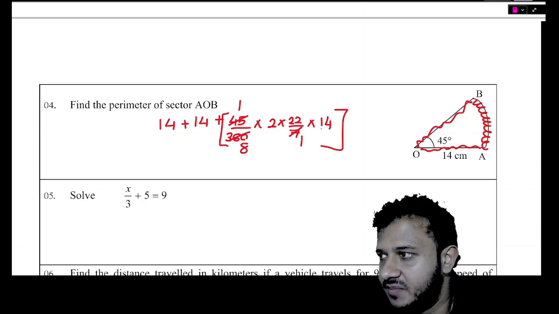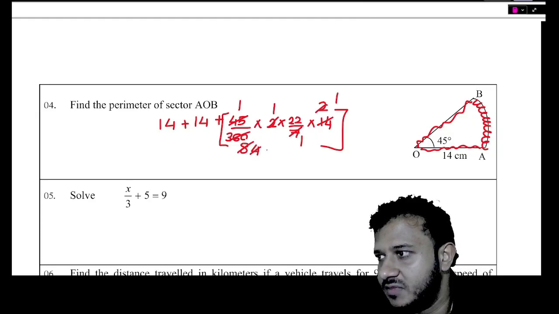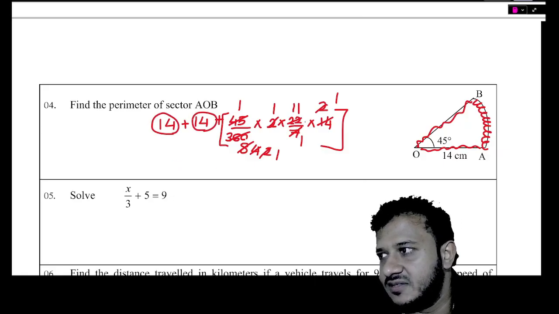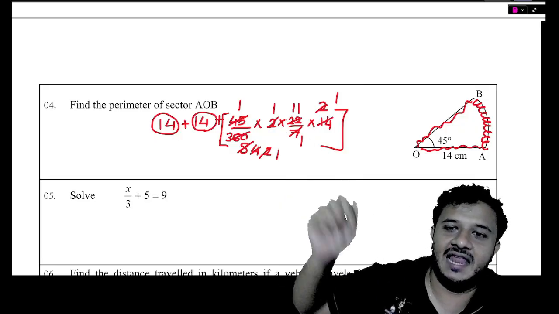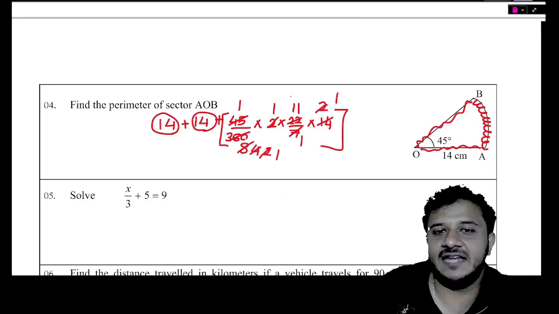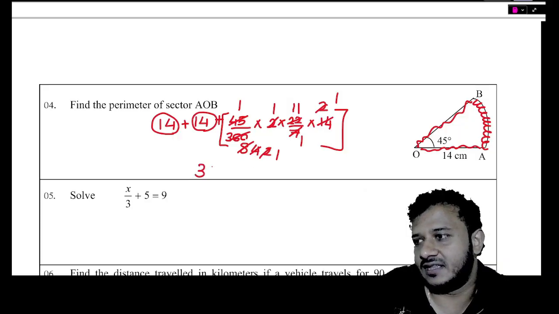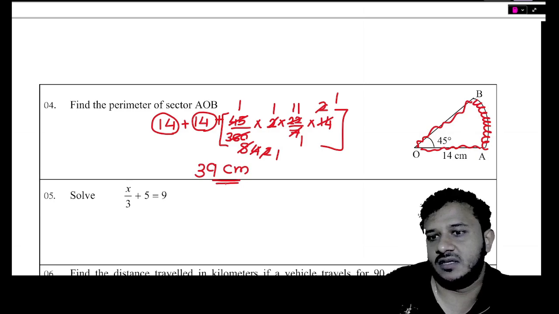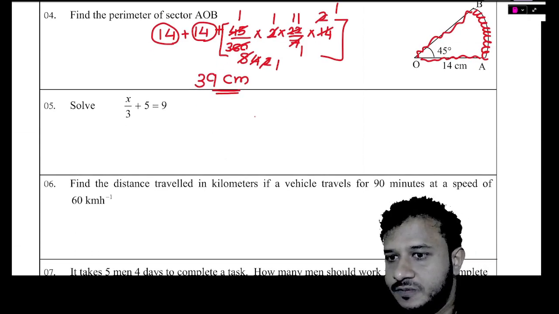Then 7 times 1, 7 times 2. 2 times 1, 2 times 4. 2 times 1, 2 times 2. 2 times 1, 2 times 11. So you end up with 14 plus 14 plus this whole thing will be just 11. 14 plus 14 is 28. 28 with 11 is 39. 39 centimeters.